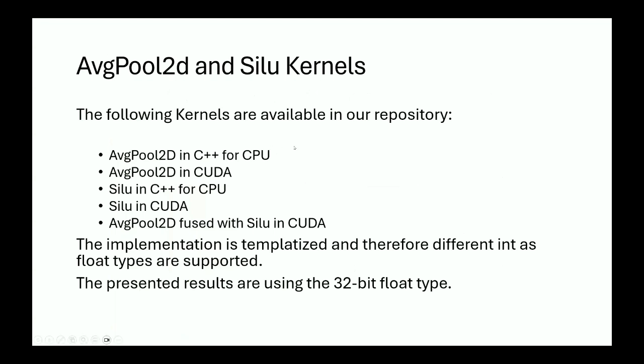So here again, the different kernels which we are implementing. We already showed that we implement AvgPool2D. We also have Silu in C++ for CPU and Silu in CUDA, but then also we have AvgPool2D with Silu in CUDA. The implementation is a template, so it basically supports different integer as well as float types.